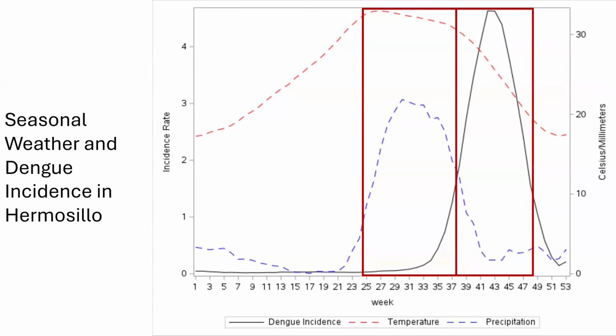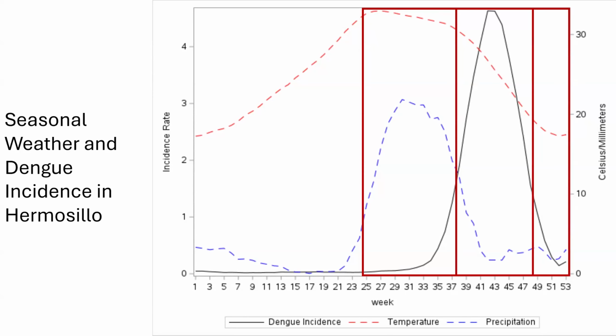And then we have a following peak in dengue cases happening around October, followed by this gradual drop off in dengue cases as we go into the winter. So this is fairly well established as what dengue looks like in this region. It's a very seasonal event, and it seems to line up with these weather events.